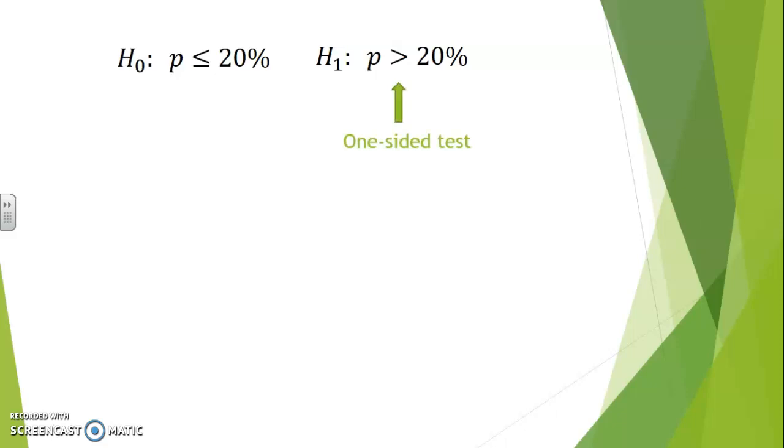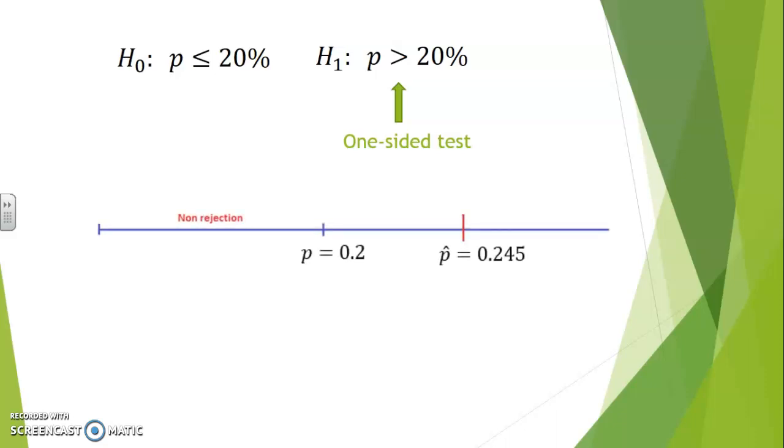Again, we have a one-sided test because to reject H0, only right extreme values for p-hat would be convincing. In this case, any number left of 0.2 would clearly lead to H0's non-rejection, but our result is in contradiction with H0. P-hat, in fact, is 24.5%, 4.5% to the right of 0.2.